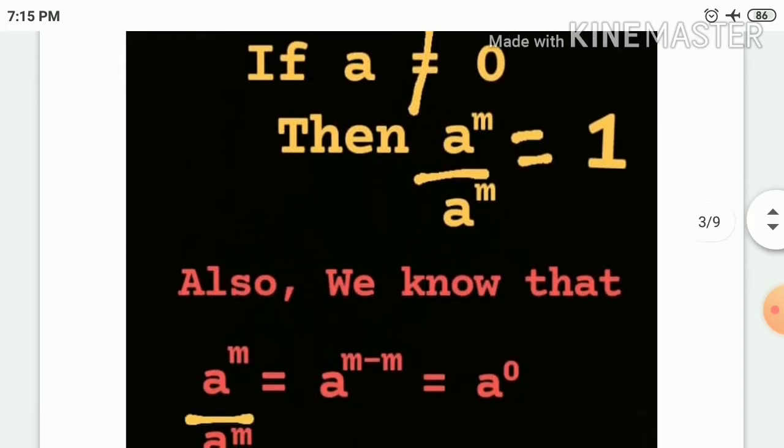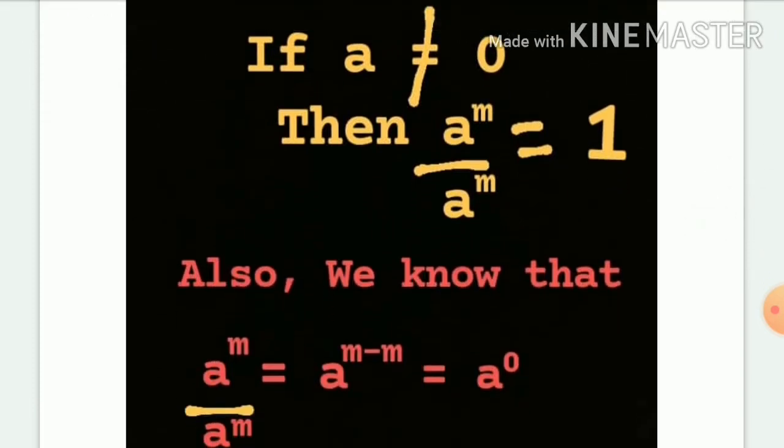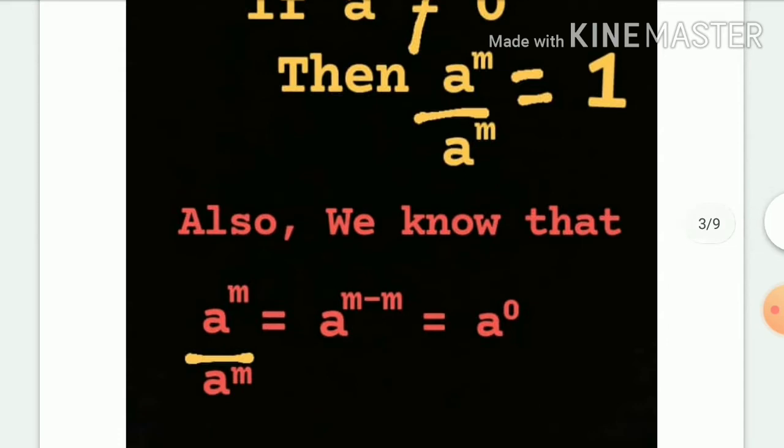Now see what happens with this condition. We also know that a raised to m upon a raised to m, with the indices law we learned just now, when there is division, the index will get subtracted. So a raised to m minus m.